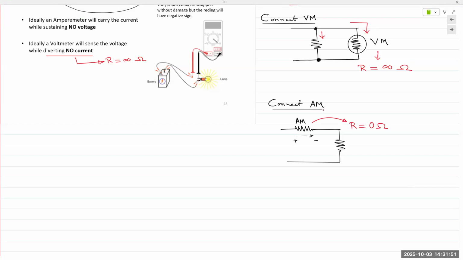In real life, it's milliohms or less, very, very small. If it's 0, that means it allows maximum current to flow through, and both terminals of the meter are at the exact same potential. That means it is not going to have any voltage across itself. R must be equal to 0 ohms.